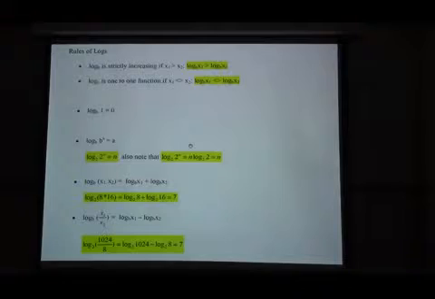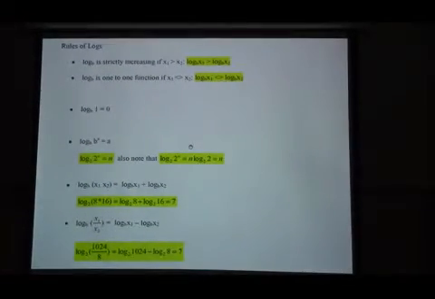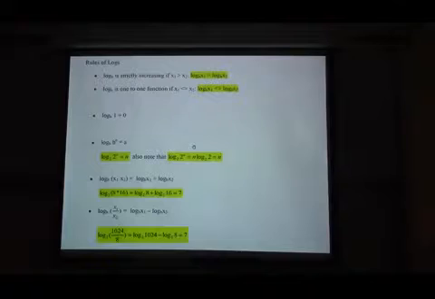Let's take a look at logarithmic functions because they're very, very important for us, for algorithms. So we have a function log b. All logarithmic functions are what we call strictly increasing. And strictly increasing means that if x is to the right of another number, the log of that will be bigger than the one to the left of it. As you go to the right, the function is getting higher.